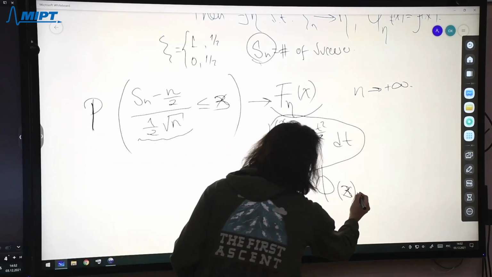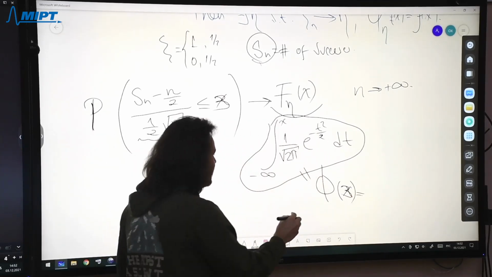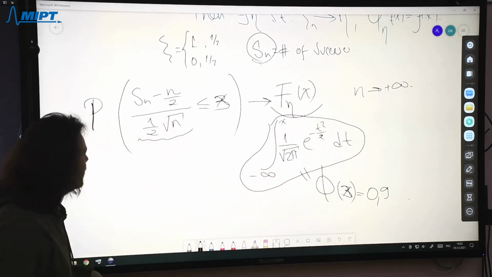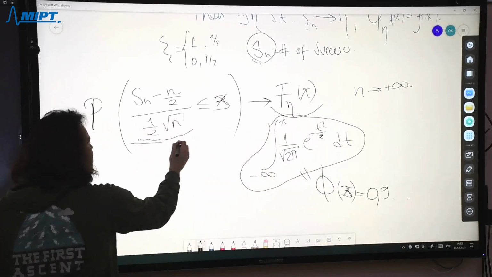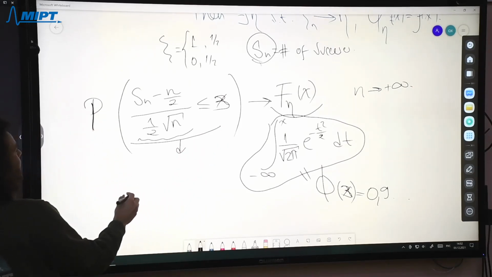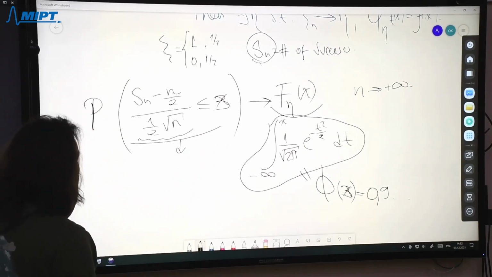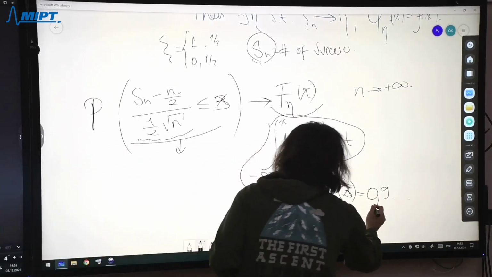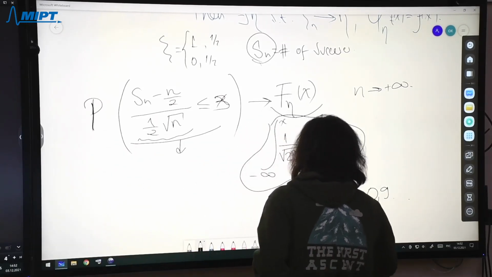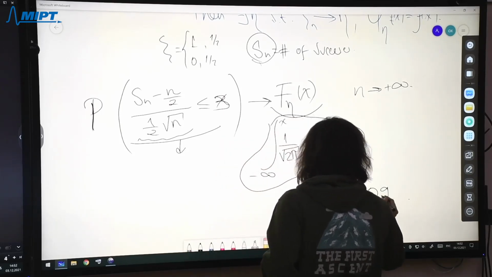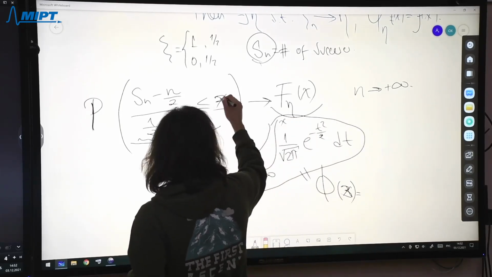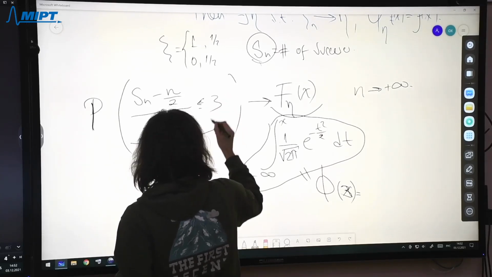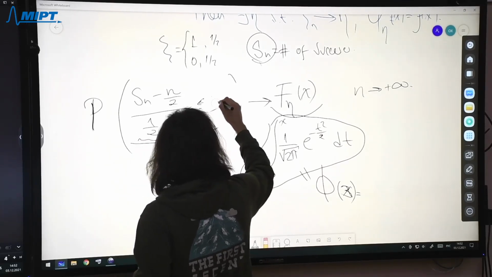And the value of this is about 0.9 something. Sorry, no, I'm going too fast. Forget about that. We still don't have to write 3 over here. X, right?